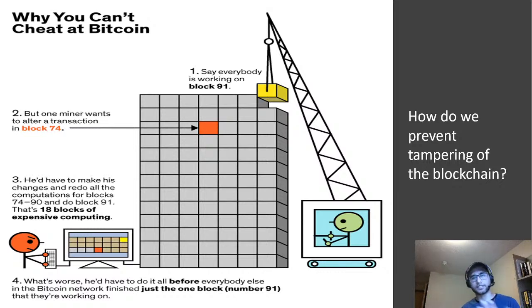Now the community has 2 choices here, or 2 forks rather. They can either continue on the original blockchain, the one where the transaction on 74 exists, or they can choose this new blockchain where a transaction on 74 never exists.